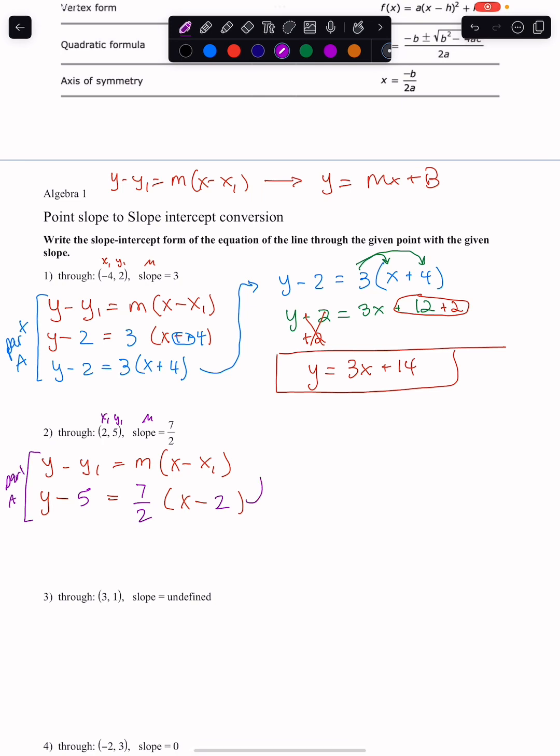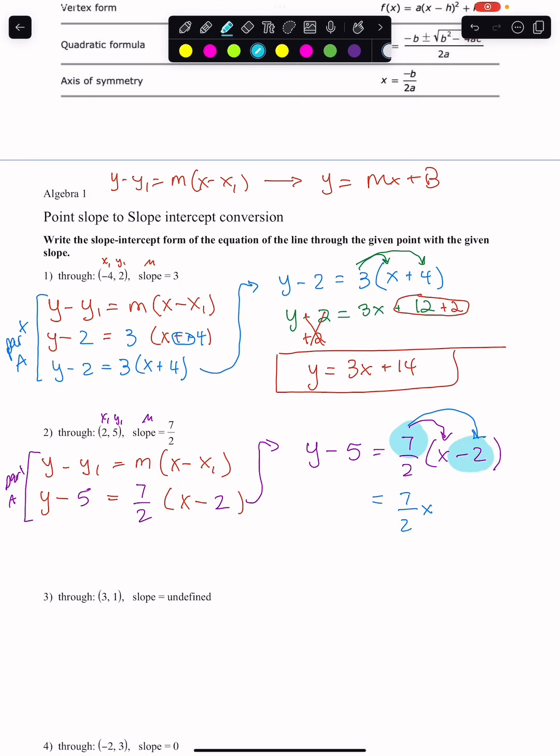So how do we finish this? I'm just going to rewrite it. And this is actually not that difficult. So let's go ahead and multiply this. You're going to get 7 over 2x. And when you multiply this, you multiply the 7 times the negative 2 first, and you get negative 14.